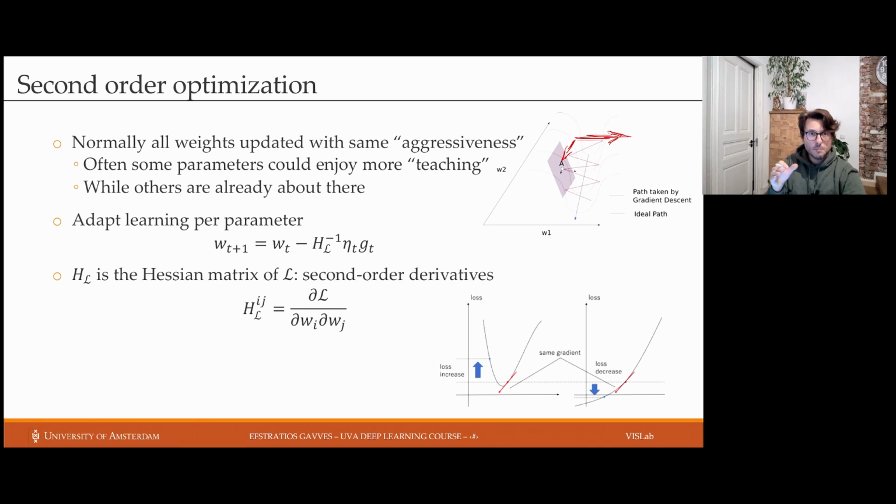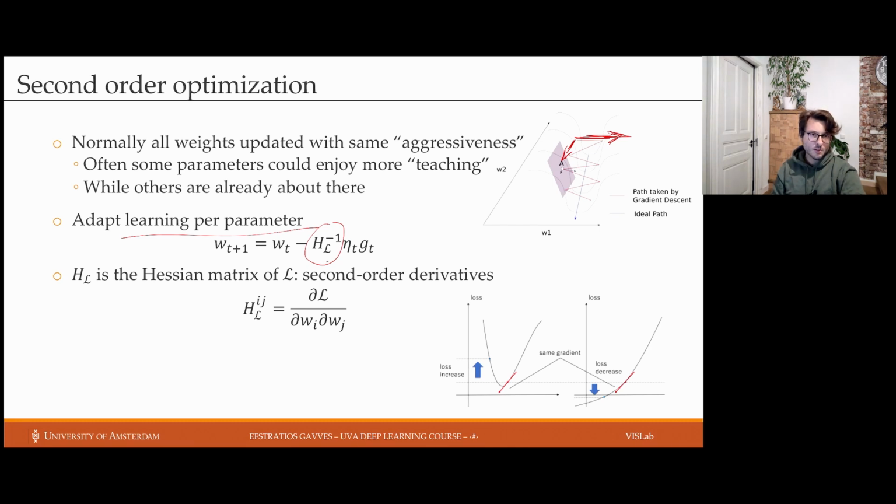That can help us adapt each dimension such that if there is too much change, we slow it down, and on the other hand, when we've got very slow change, we try to speed it up. In that case, we can adapt the learning parameter by applying the inverse Hessian on the gradient.